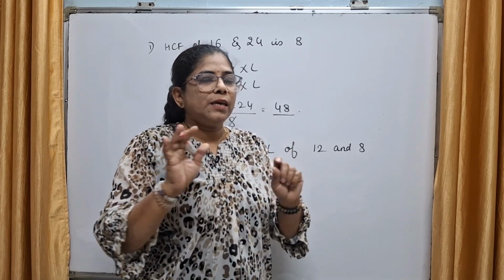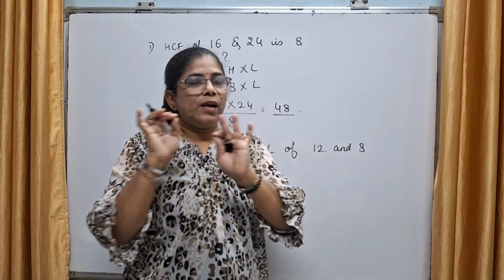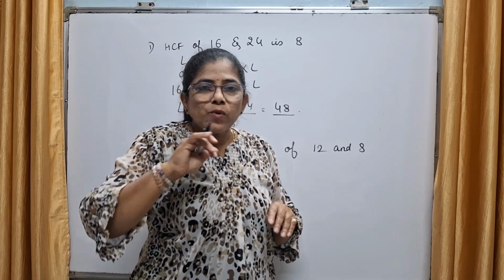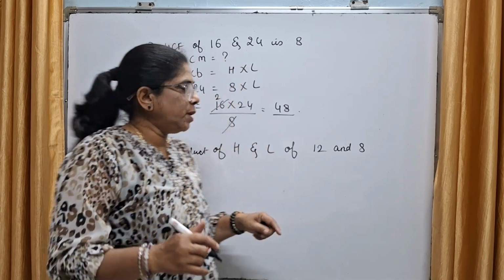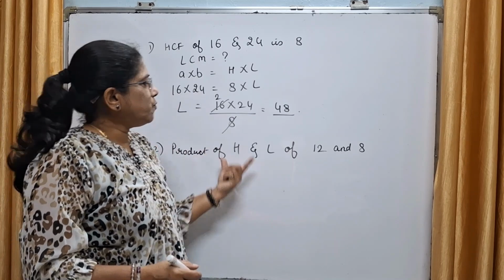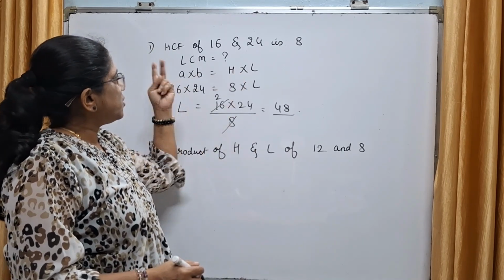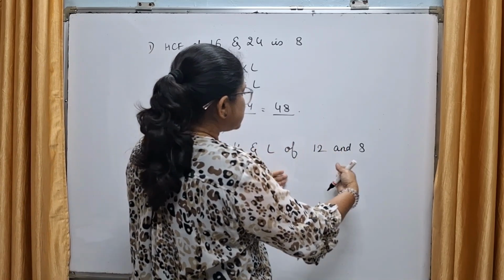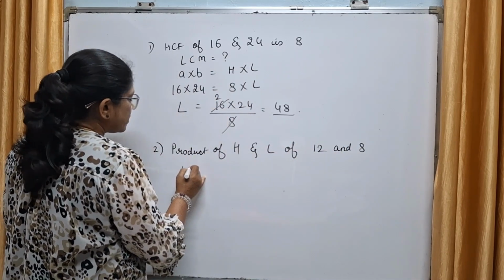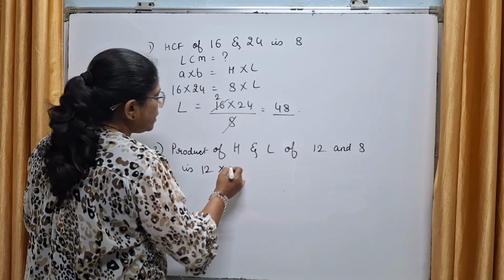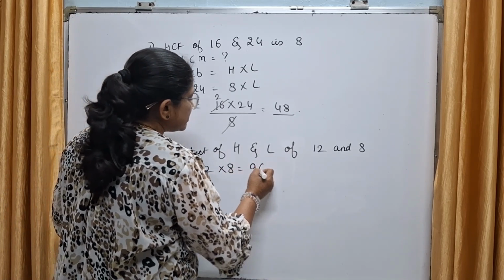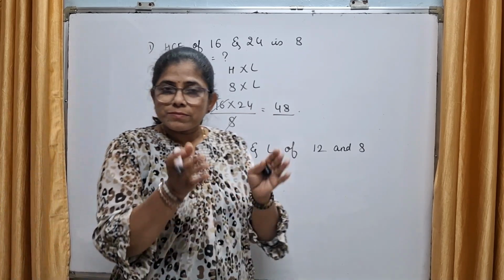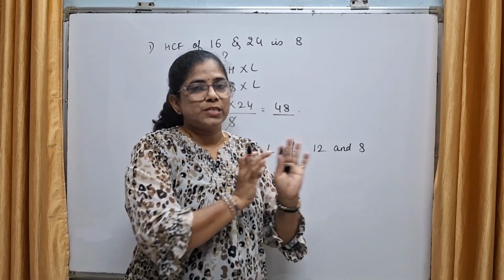They are not asking here what is HCF and what is LCM. So read the questions properly and don't waste your precious time while solving the paper. We note that the product of HCF and LCM is straightaway the product of the two numbers. So here the product of HCF and LCM of 12 and 8 is nothing but 12 into 8, that is 96. So this is how they ask questions based on this.